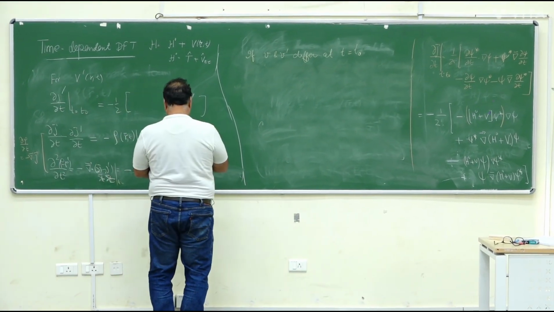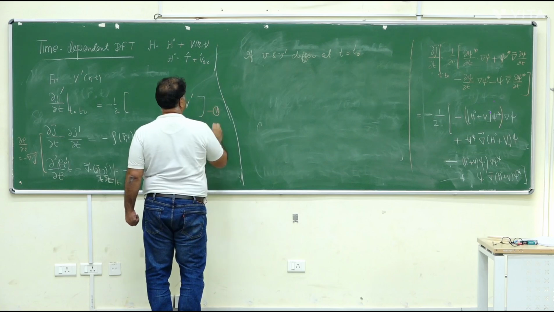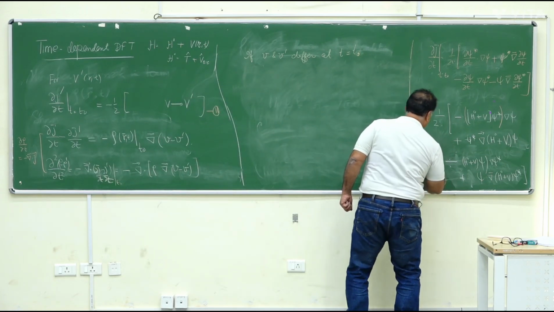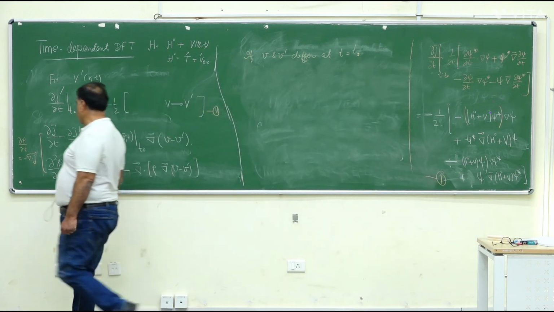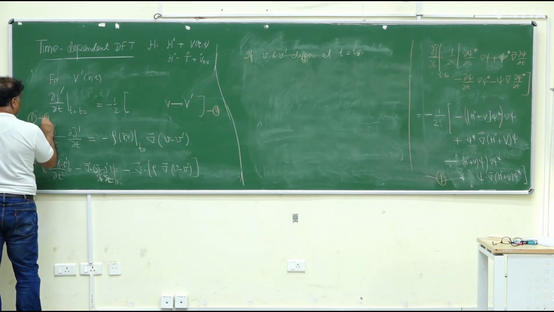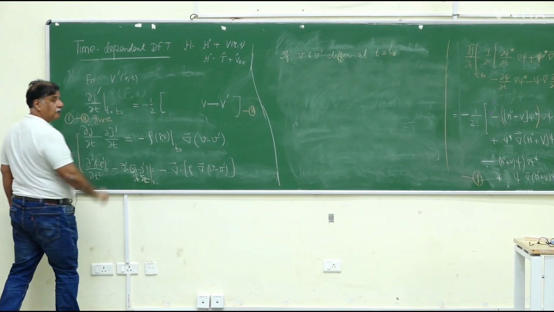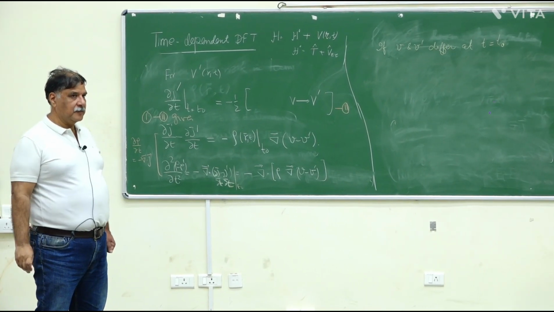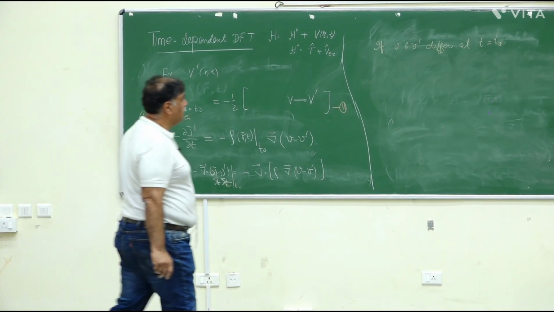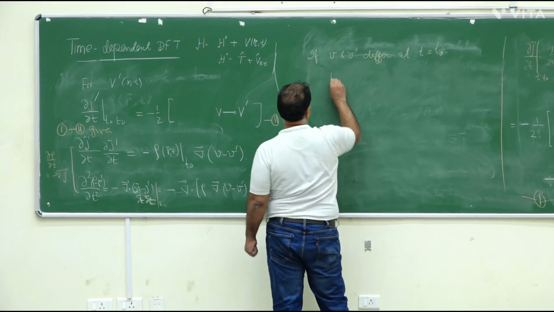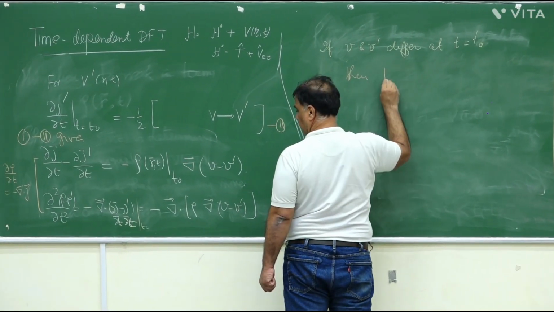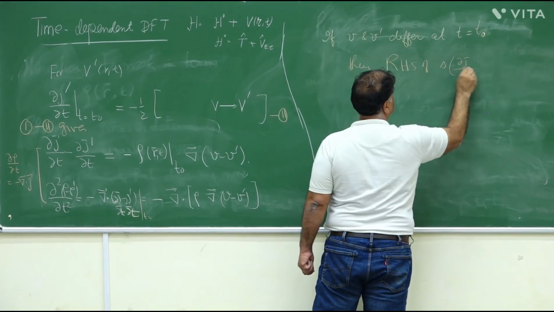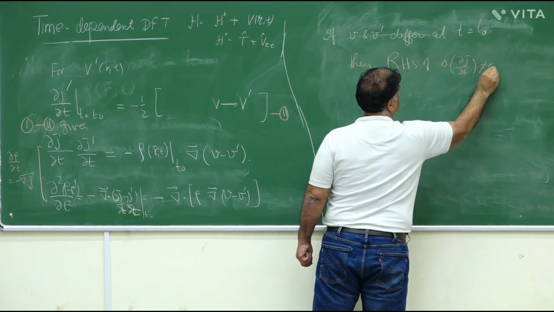Okay, now that you have asked, let me write this. This is my equation number 2 with prime. This is my equation number 1. So 1 minus 2. If V and V prime differ at t equals t naught, then the RHS of delta dj dt is not 0.